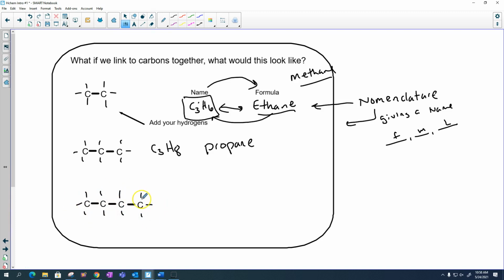That's 10 hydrogens. C4H10. And this guy is going to be butane. So we're seeing some commonalities amongst these guys and some differences. Eventually we're going to move toward how we can figure out how these names are working.